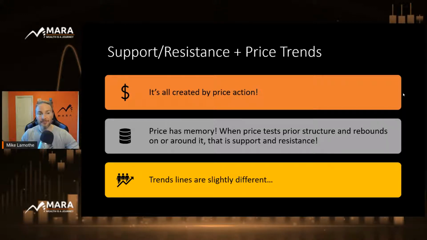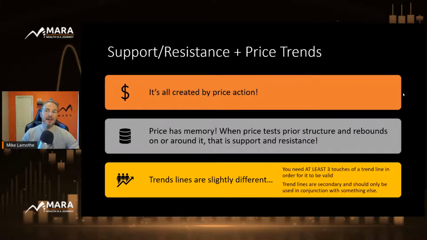And trend lines. Trend lines are a little bit different than price structure, support and resistance. The difference is that with a trend line, you need at least three touches in order for the trend line to be valid.